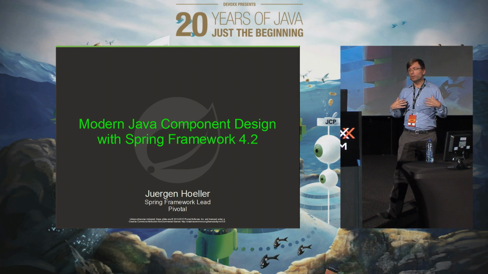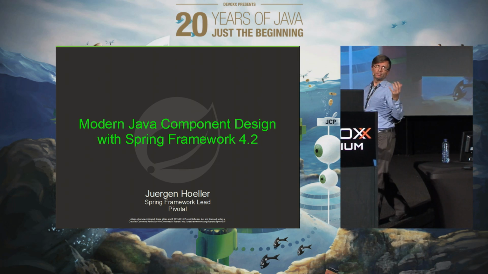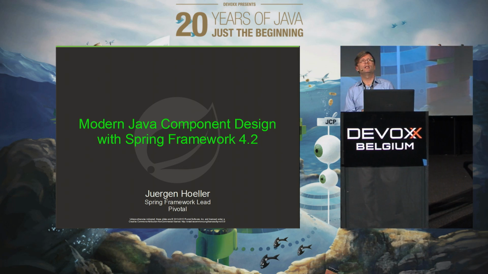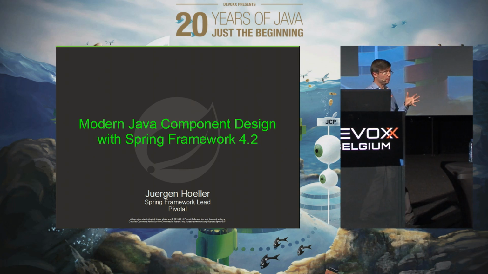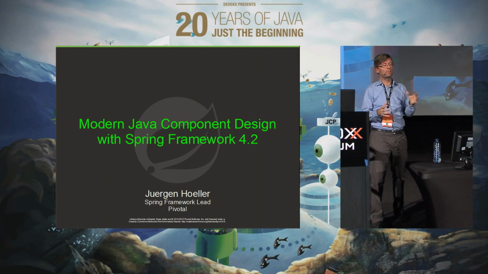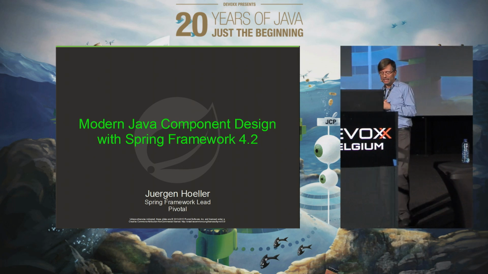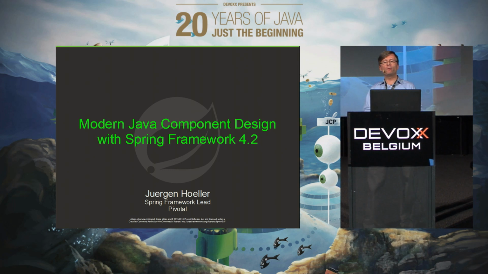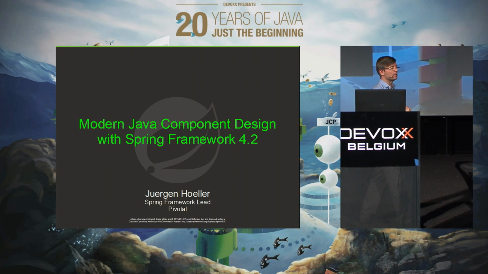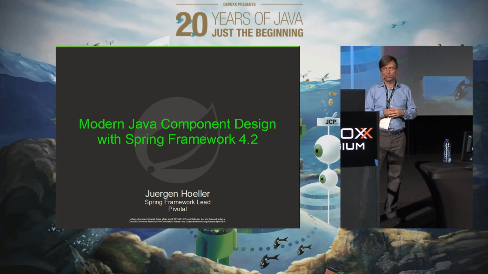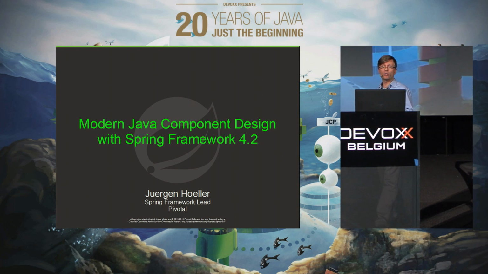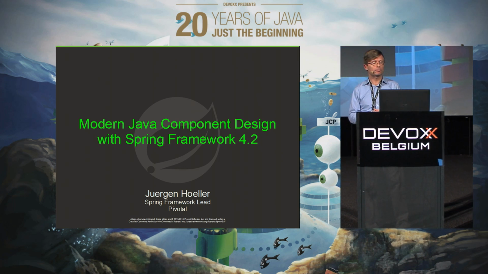I'm currently working on arranging Spring Framework 4.2 along with Boot 1.3. Boot 1.3, 4.2 based, is coming up any day now, but Spring Framework 4.2 itself has already been GA, generally available, since end of July. So it's already out for a couple of months, and we're working towards 4.2.3 right now.